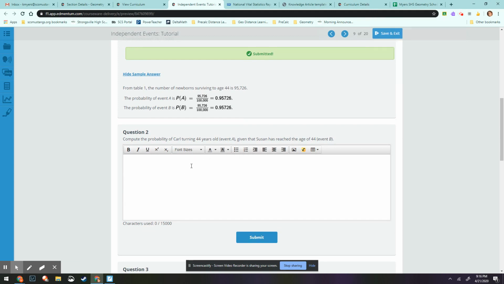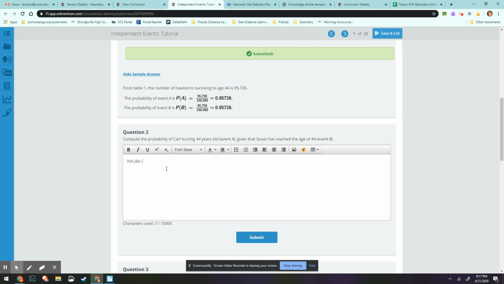Now in question 2, we want to compute the probability of Carl turning 44 years old, given that Susan has turned 44. So this will be the probability of A given B. It's actually something different. The thing to keep in mind here is that Carl's age has nothing to do with Susan's age. They are independent events.